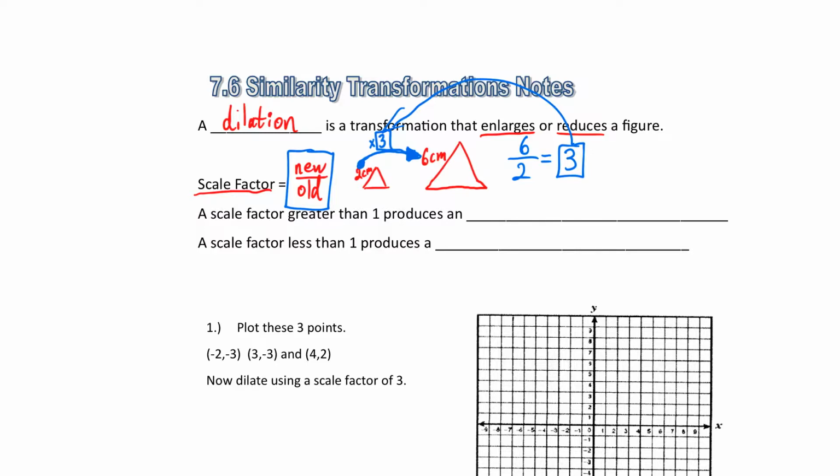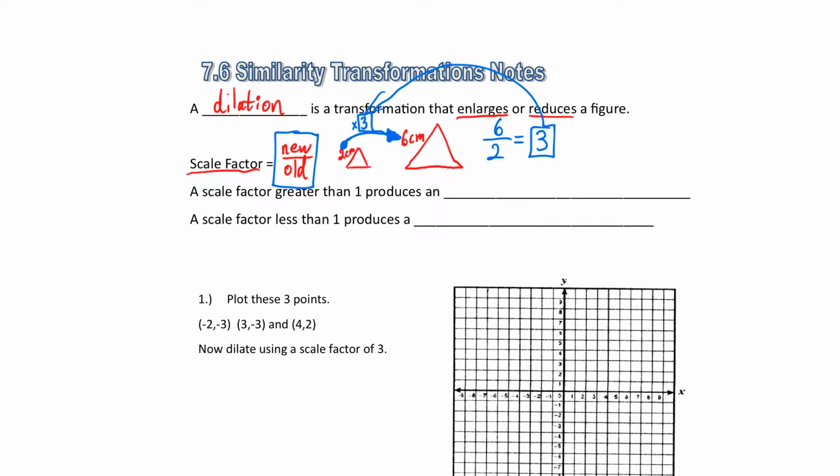All right. If a scale factor is greater than 1, it produces an enlargement. My brain went blank for a second. Enlargement. If the scale factor is greater than 1, it produces an enlargement. That means it's going to get bigger, right?